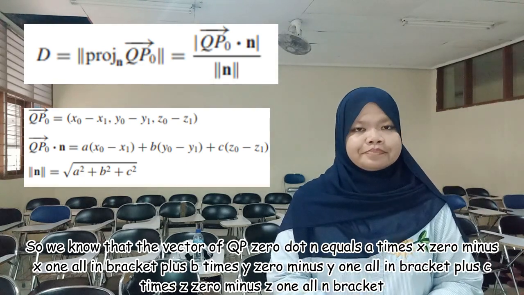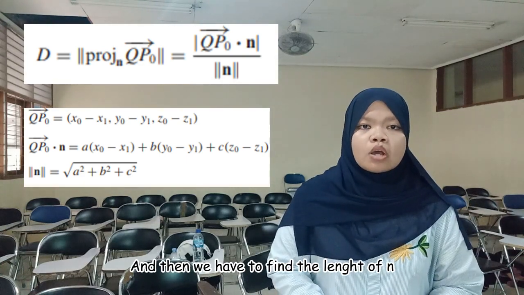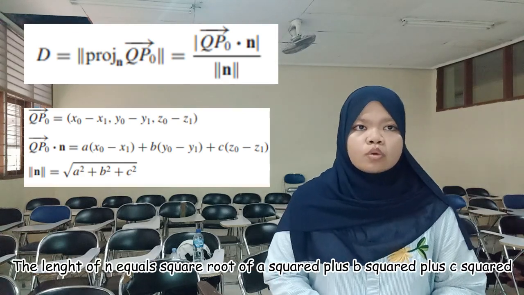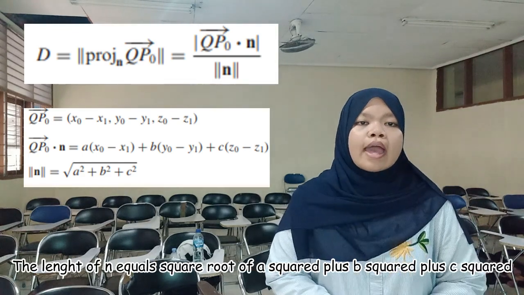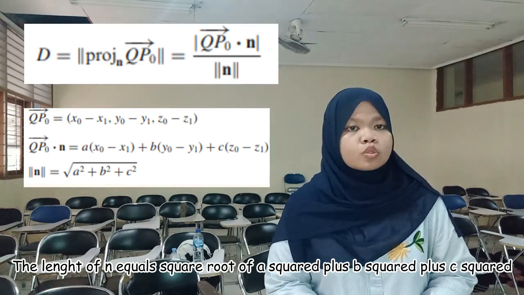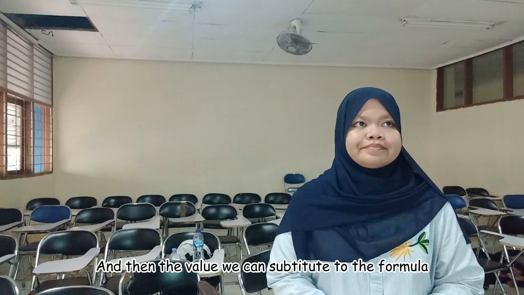And then we have to find the length of n. The length of n equals the square root of a squared plus b squared plus c squared.